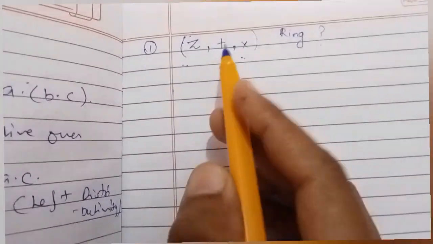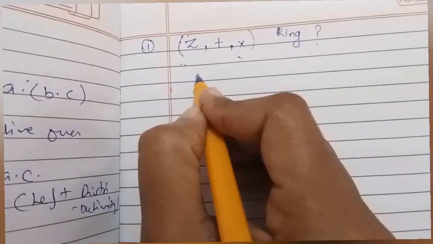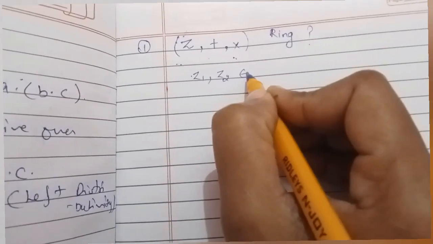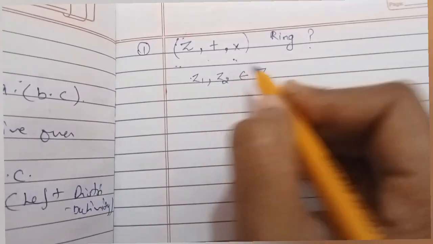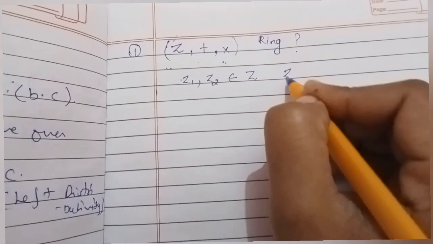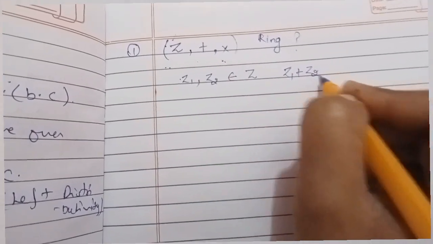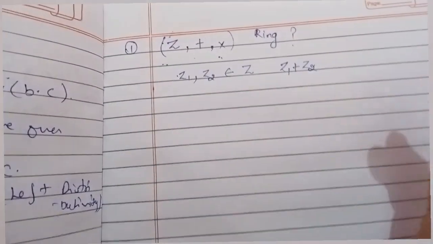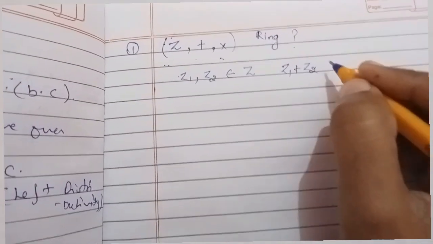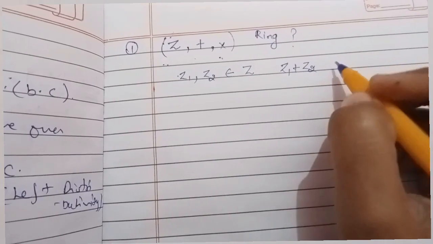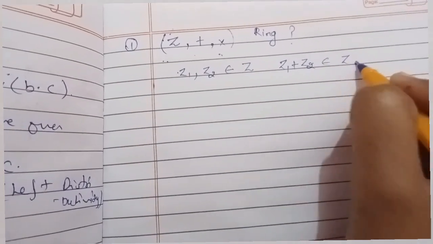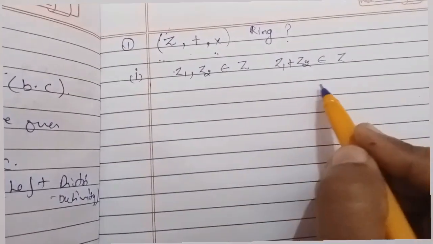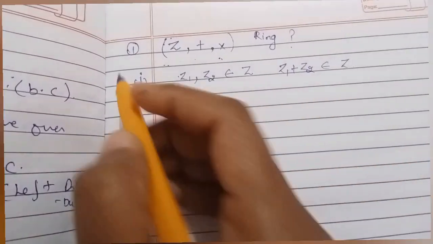If z1 and z2 are two elements belonging to Z, and we add two integers, then the result is also an integer belonging to Z. So the first property is that it is closed under addition.